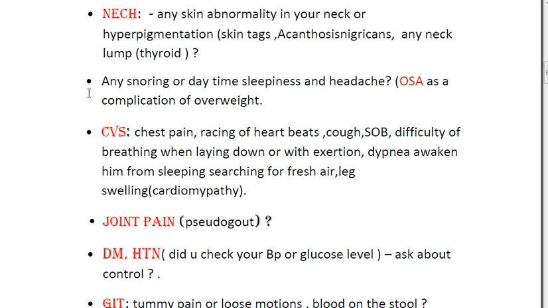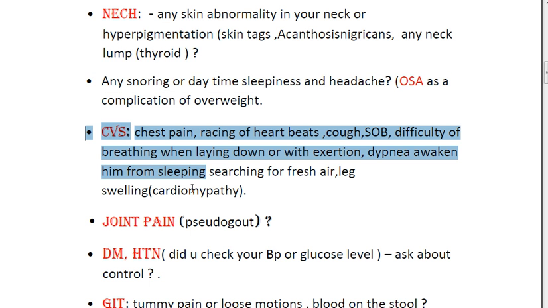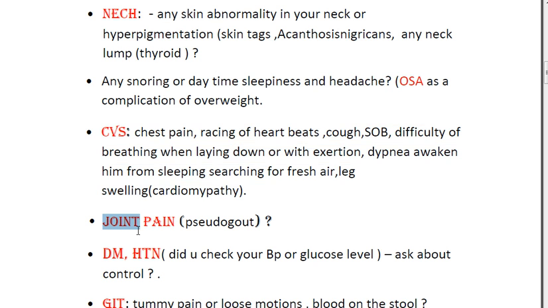Still in the neck, any history of snoring during sleeping, or daytime sleepiness and headache, for obstructive sleep apnea. For cardiomyopathy, any chest pain, racing of heartbeat, shortness of breath or leg swelling. Any joint pain, for pseudogout and osteoarthritis. Any history of diabetes, hypertension?